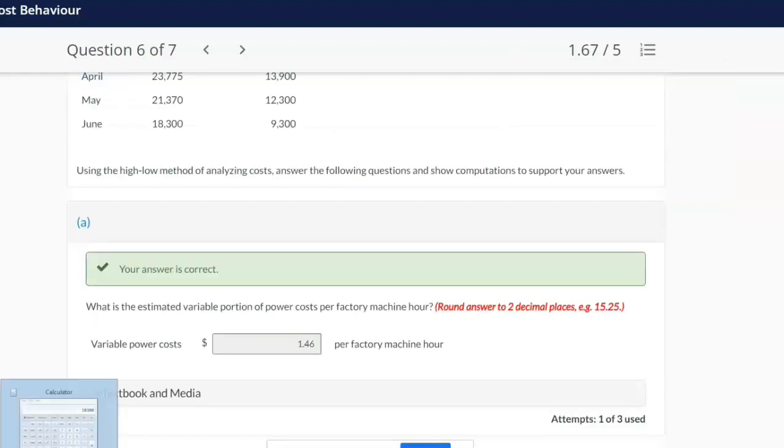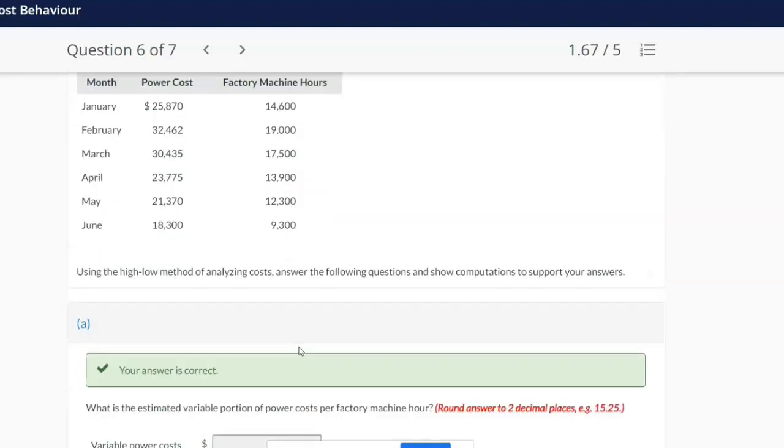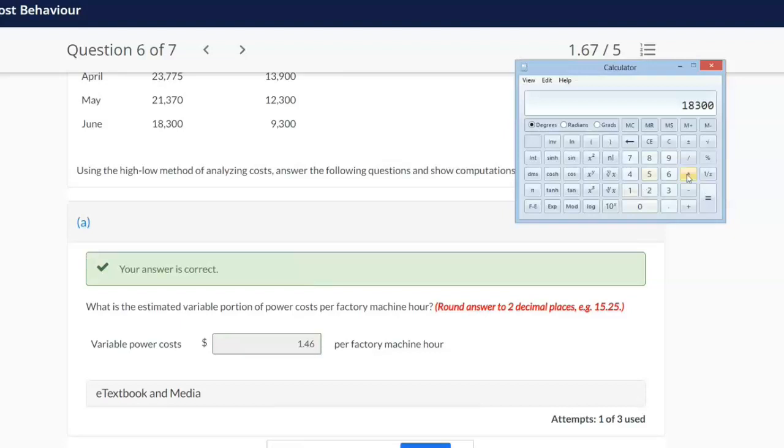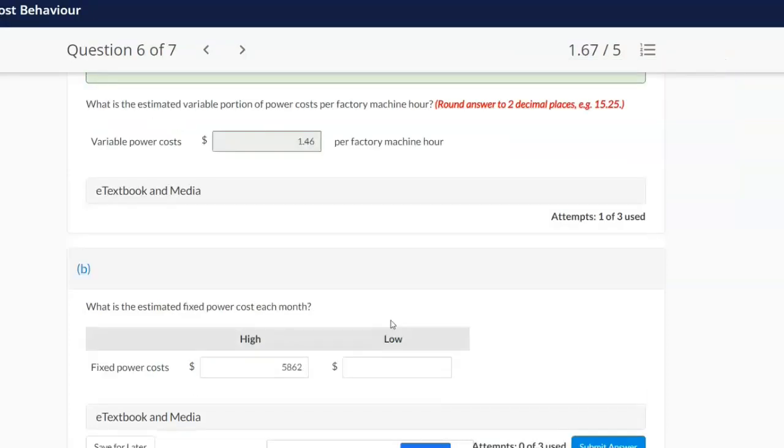The total cost, you want the variable portion, 1.46 per machine hour, times 9,300. Not 18.3. You want the number of machine hours times 1.46. Times 9,300. 13,578.